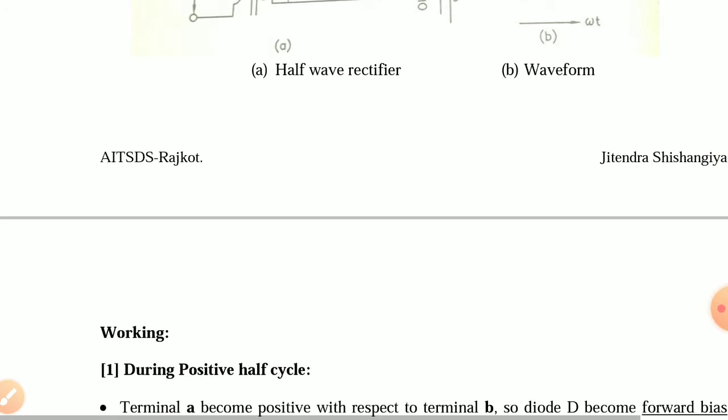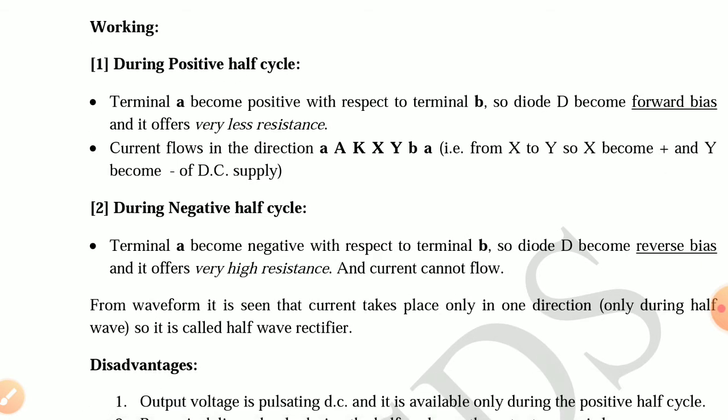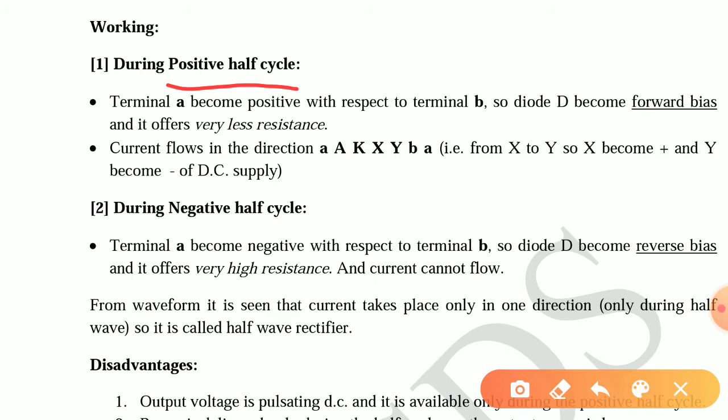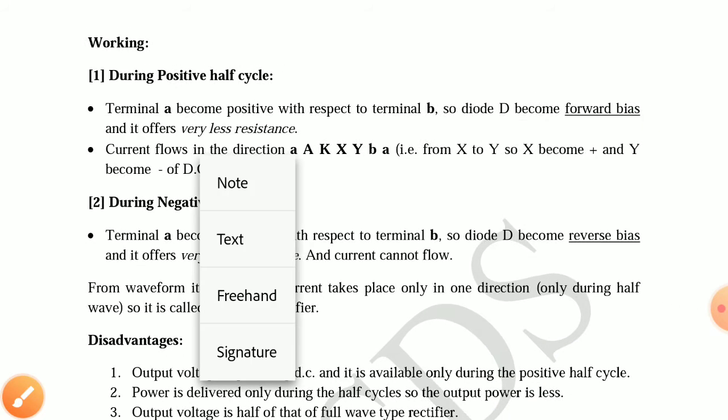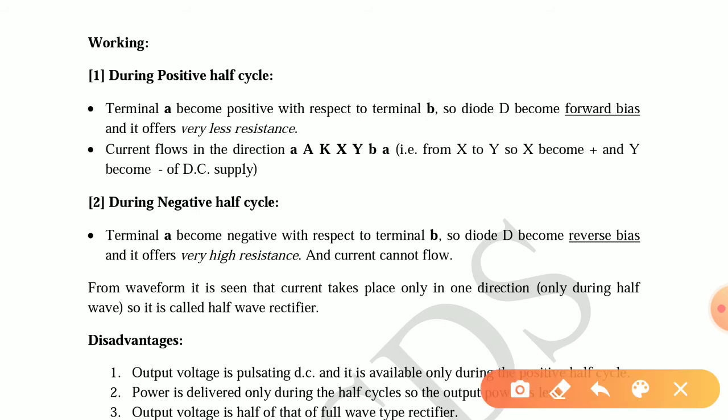So here is the working of the half wave rectifier. The working is described in two parts: during the positive half cycle of the AC supply and during the negative half cycle of the AC supply. What happens during the positive half cycle? During the positive half cycle, terminal A becomes positive with respect to terminal B. So our diode becomes forward biased, and as the diode becomes forward biased, it offers very low resistance, and current will flow.